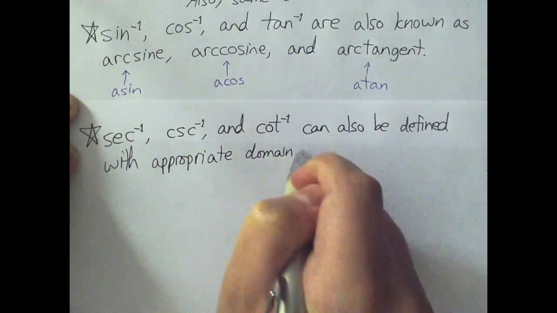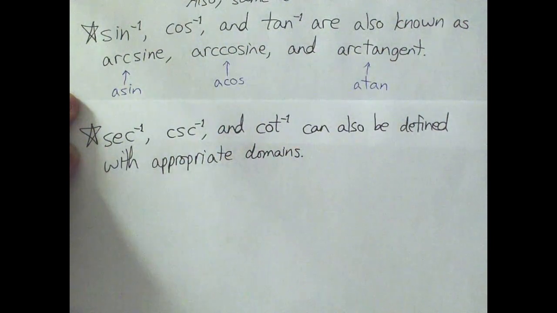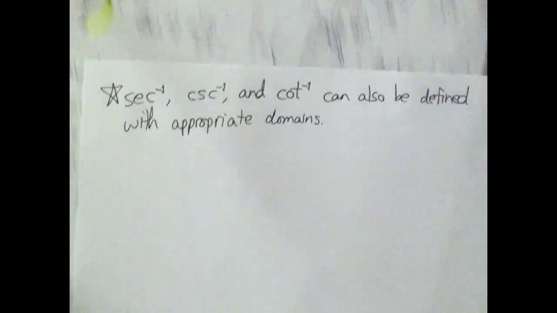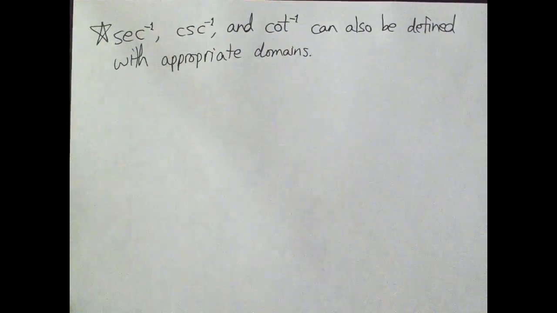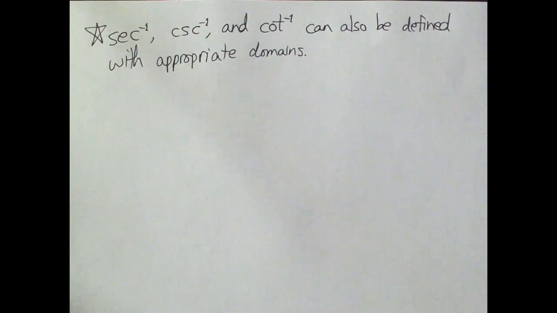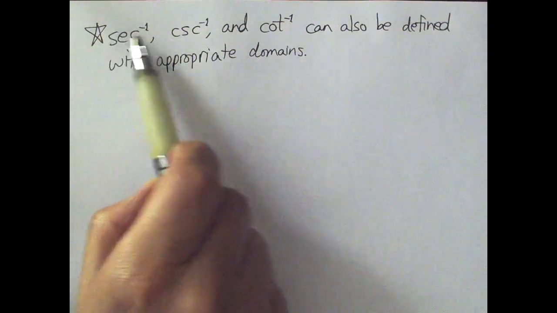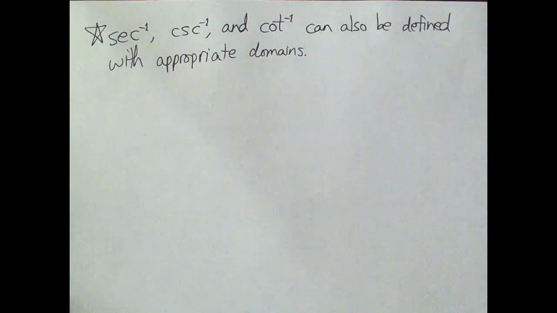And I am not going to require you to know those three. We're not going to talk about those three. But I just wanted to acknowledge that they do exist. You could make inverse versions of those three, follow the same kind of overall strategy that we did, and it can work. But I'm not going to really cover them in class or require you to know them, because these three really are not very useful.